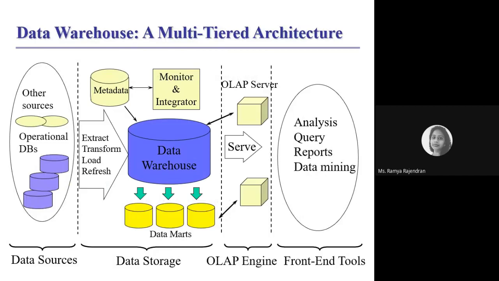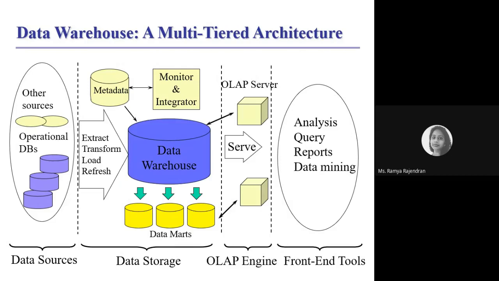So this is a sample multi-tier architecture for a data warehouse. So we have operational databases and a few other sources if you have multiple sources of information, and then you do an ETL, extract, transform, load, and then refresh, and then store your data in the data warehouse. Then you have a metadata repository where you store all your database schema and data about your data and everything.